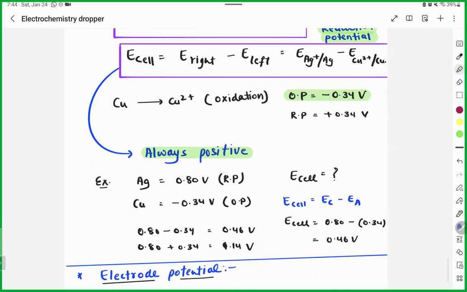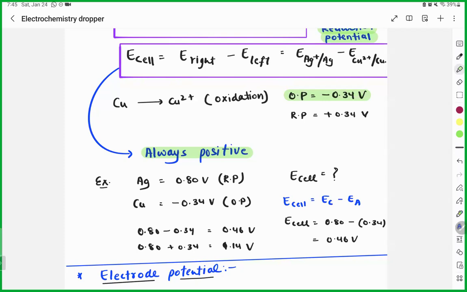And you never make a mistake in this question because your value of cell potential should always be positive. By mistake, if you change the sign, you will get a negative value, which is wrong. Even if you put Ag negative and copper positive, still it will be negative. Practically not possible. Understood, guys? See, you can make three types of mistake. You take Ag negative, copper positive. This is wrong because your overall value will be negative.